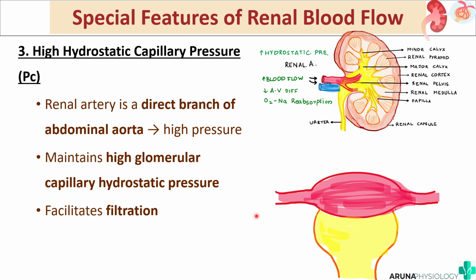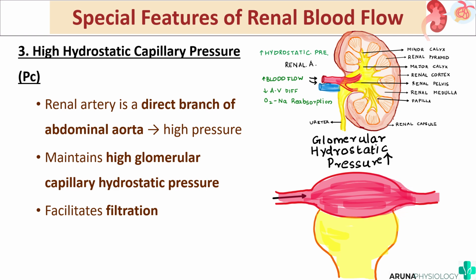As I said, because it's a direct branch of the abdominal aorta, it has a high glomerular capillary hydrostatic pressure, which means the pressure inside the glomerulus will be very, very high. Now, what is the characteristic of hydrostatic pressure?